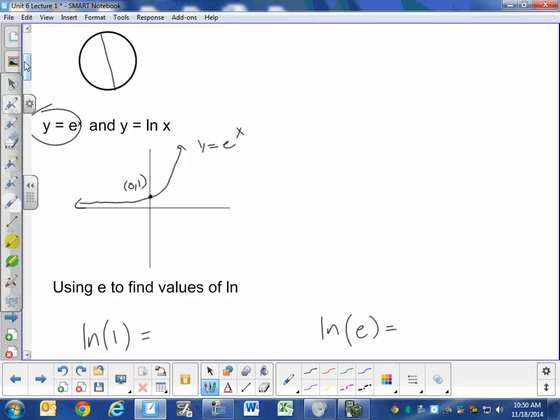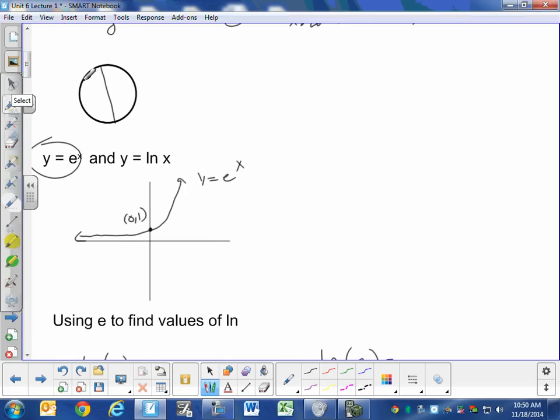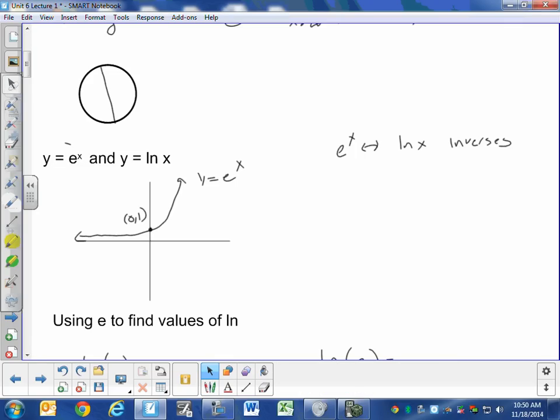Well, when we talk about e, we have to talk about its sister, its inverse, the natural log of x. So e to the x and natural log x are inverses of each other. Inverses being like they undo what the other one does. You guys have dealt with inverses.